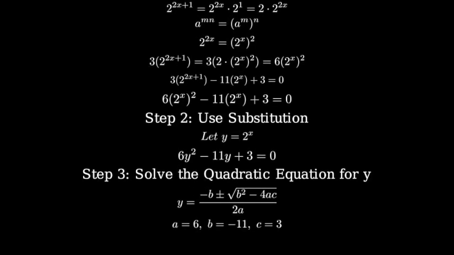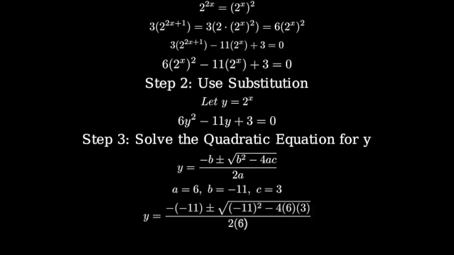Let's substitute these values into the formula. y equals negative 11 plus or minus the square root of negative 11 squared minus 4 times 6 times 3, all divided by 2 times 6. Simplifying this, we get y equals 11 plus or minus the square root of 121 minus 72, all divided by 12.